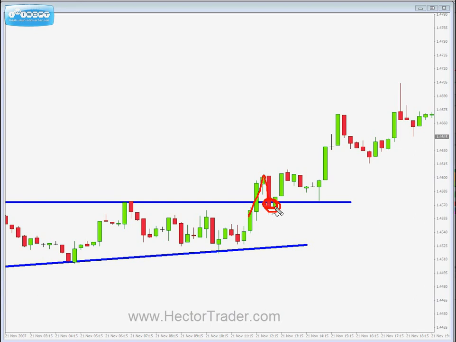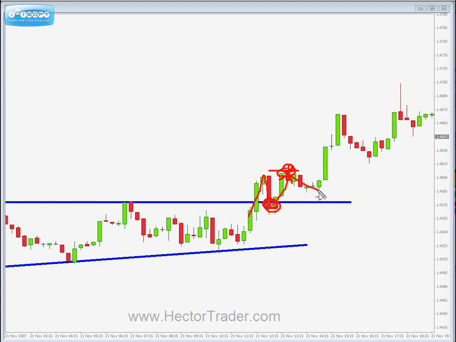Immediately after, it went back up. Once that happens and we make new highs right there, we can label this breakout as confirmed, and we are good to go for the long entry.